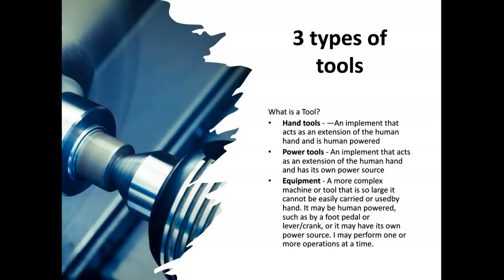It can still be operated by a human by use of some type of foot pedal or lever or crank, but most of the time it's going to have a power source, and a lot of times it's going to be able to do more than one operation at a time. If you think about a progressive die or a punch press and stamping presses, lots of times they can do more than one task all at one time.